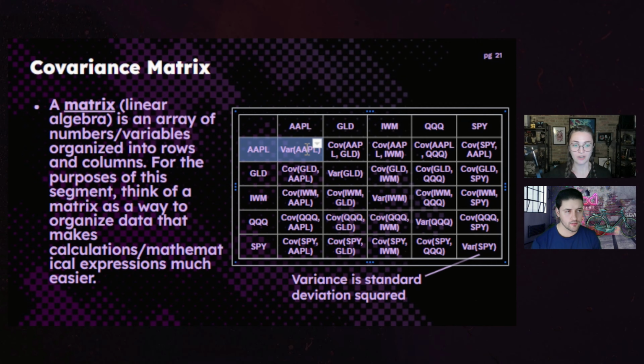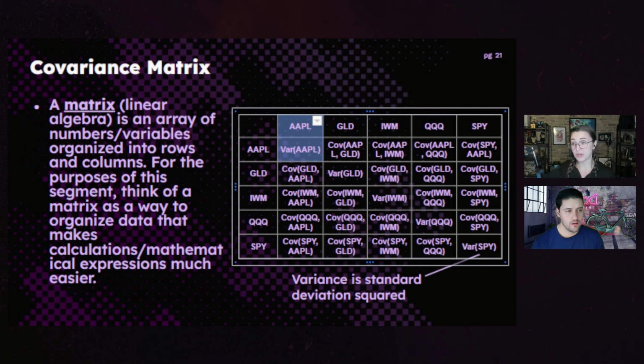And the covariance of a variable with itself is simply the variance, which is just the standard deviation squared. Just think of a covariance matrix as a table that tells us about the risks between the different pairs of elements in our portfolio. That's all this really is. Make sense?